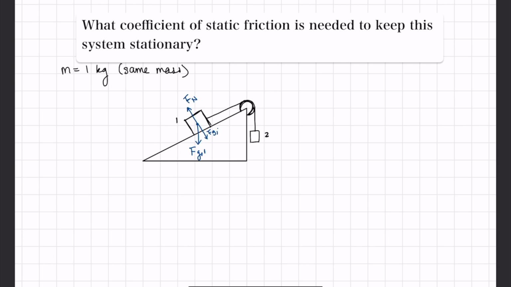Fg. Since in the other video I did parallel and perpendicular the whole time, I'll do y and x. This also leads us to having positive being down the ramp, negative being up the ramp, and if we carry that over here, then it would be negative up and positive down.